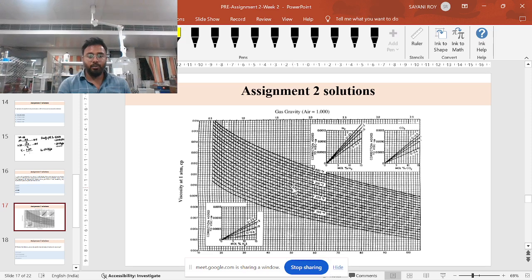Can anyone use this and tell me what will be the viscosity of the gas?